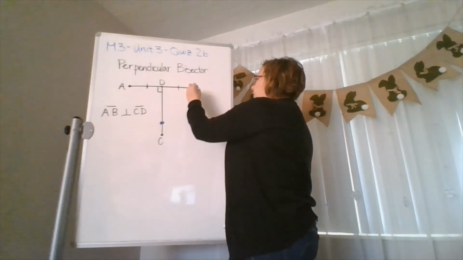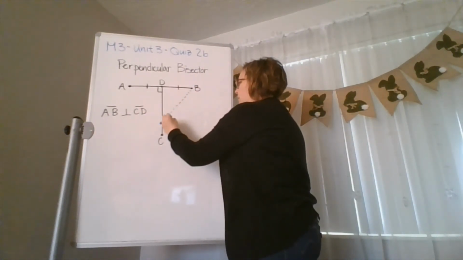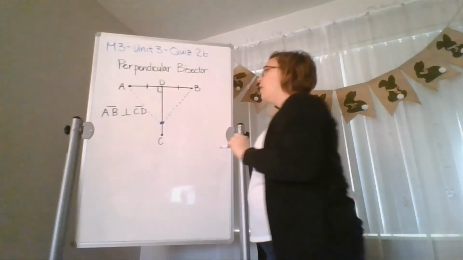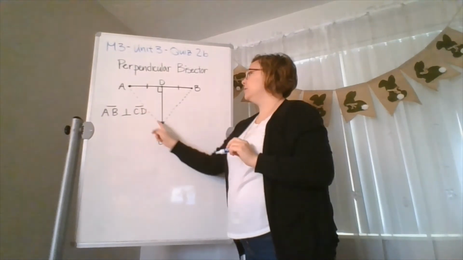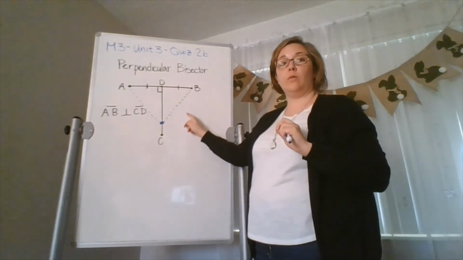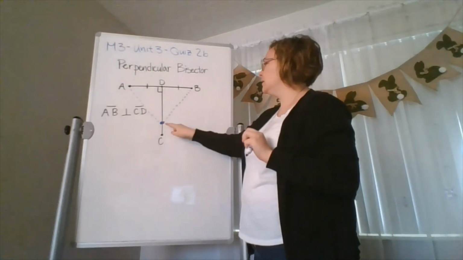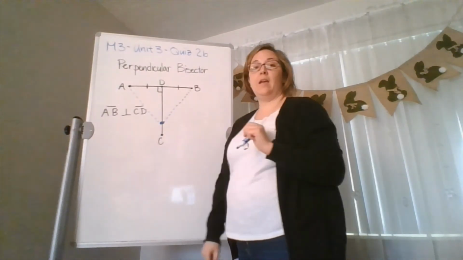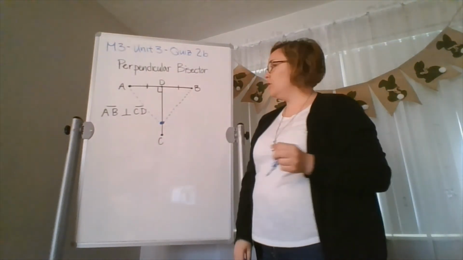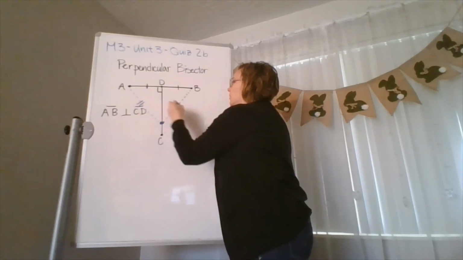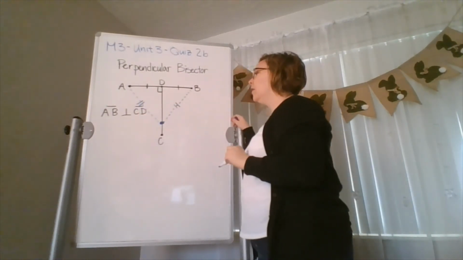So you're going to get this triangle if we draw lines down. Are these two imaginary sides of our triangle congruent? Or in other words, is this point the same distance from B as it is from A? And the answer is yes. So this point creates congruent sides of a triangle.